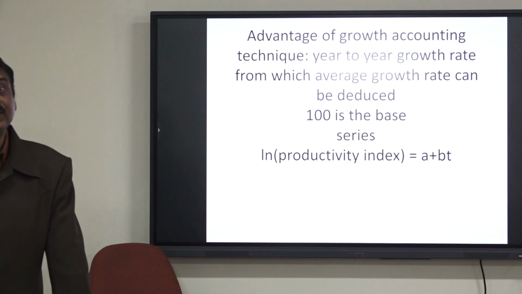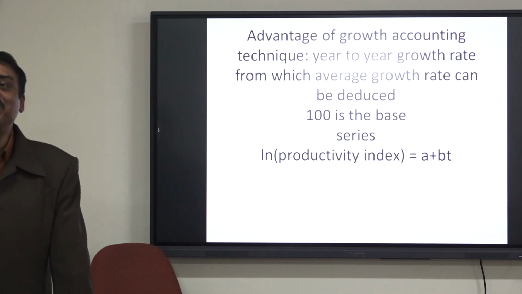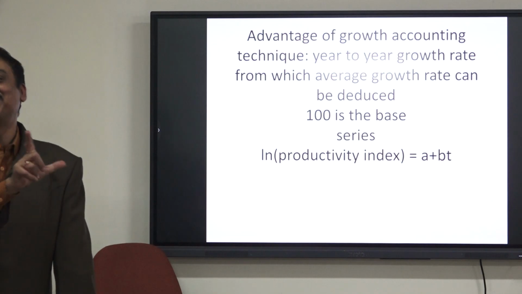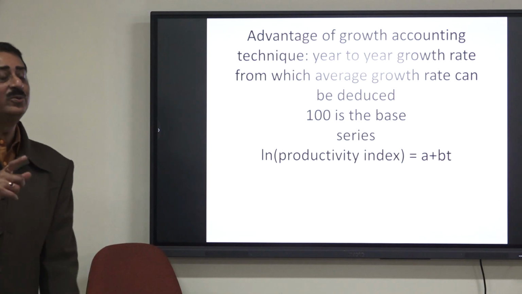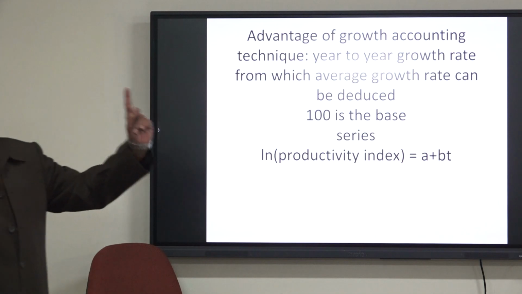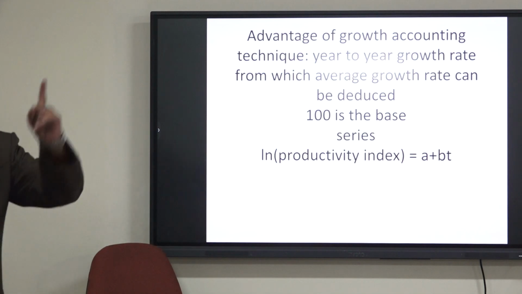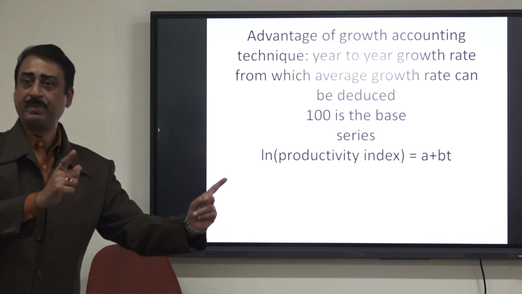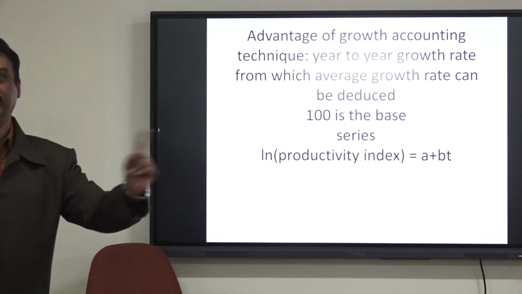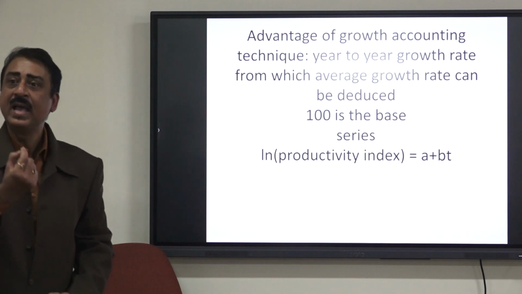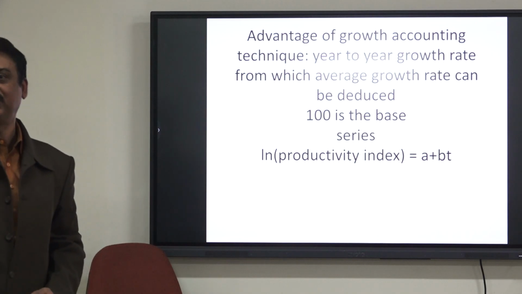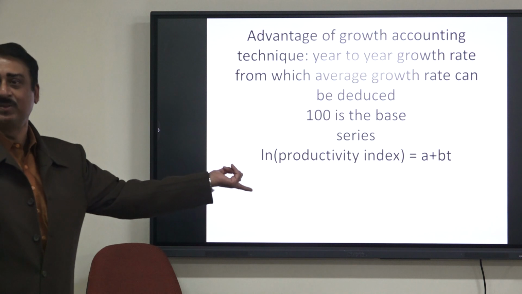Whereas if you are applying the econometric technique, you will be able to get only one figure for a particular period, because you have the average rate of growth of value added between 1980 to 2024. You have the average rate of growth in capital over this period and of labor over this period. And similarly, you have the average labor share and average capital share as estimated from the econometric technique.